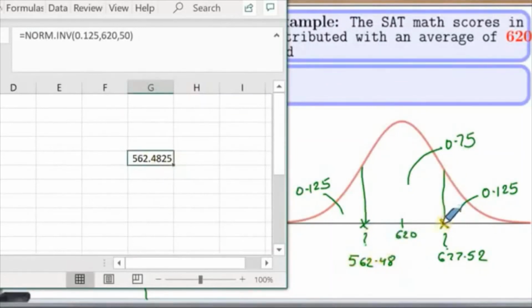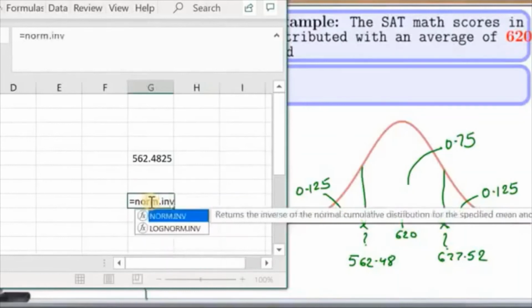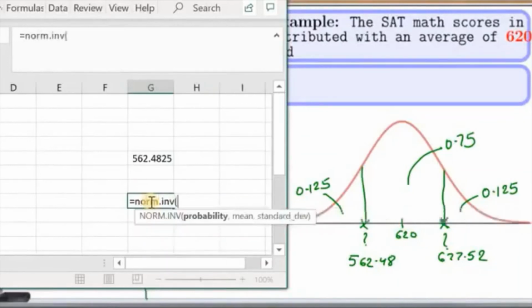Now let's try to find this point here. For that also we'll be using the same formula. So type in equals, then type in norm.inv, then put your parentheses. So here it takes area to the left since we are trying to find this point here.